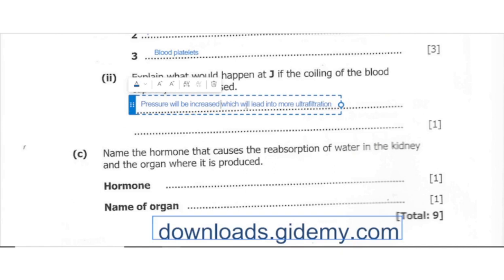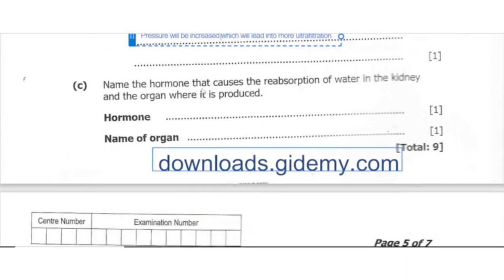So we go to question number C. Name the hormone that causes the reabsorption of water in the kidney and the organ where it is produced.